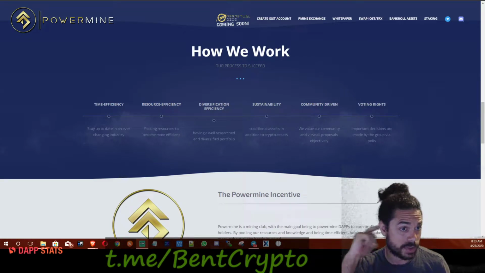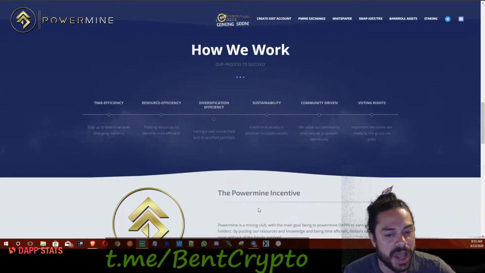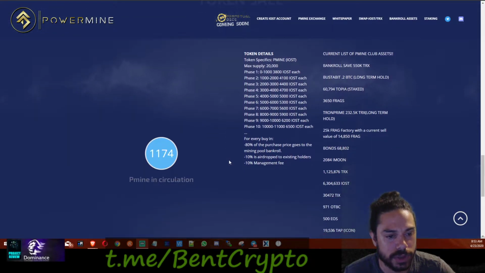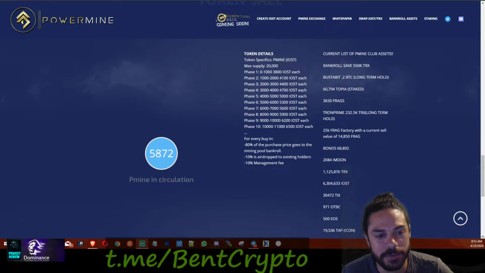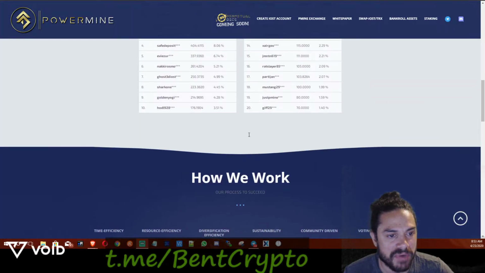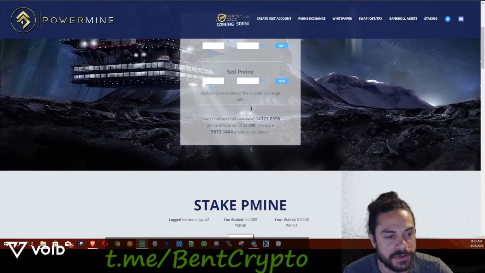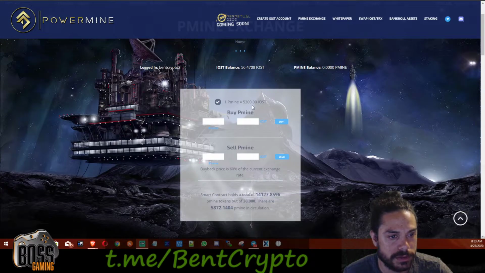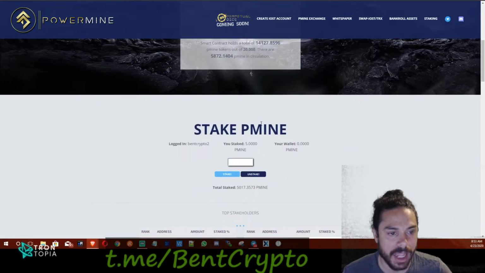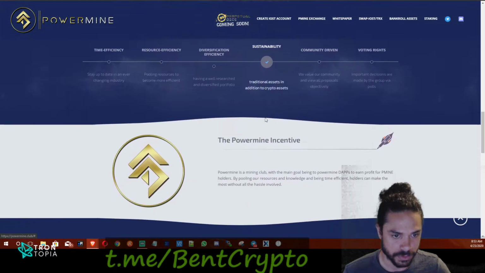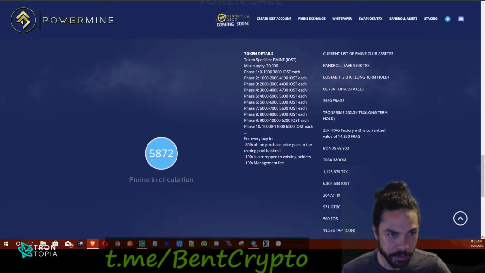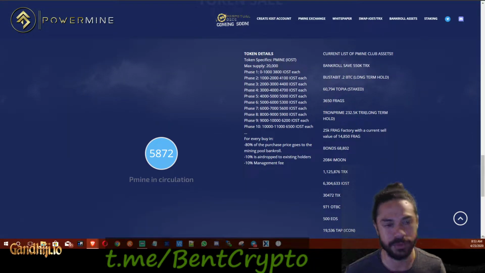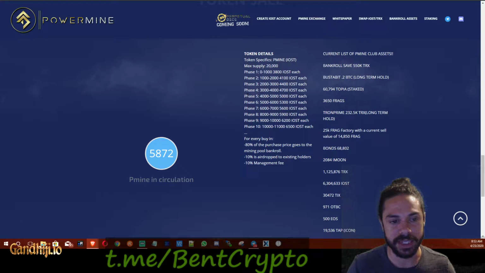So we're going to be talking about PowerMine. The way that this works is 80% of the purchase price goes to the mining pool. Right now, one Pmine is worth 5,300. If you buy, 80% of that goes to their mining bankroll. What that means is they take your funds.